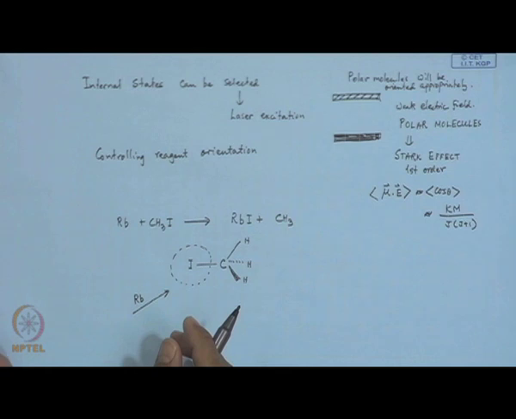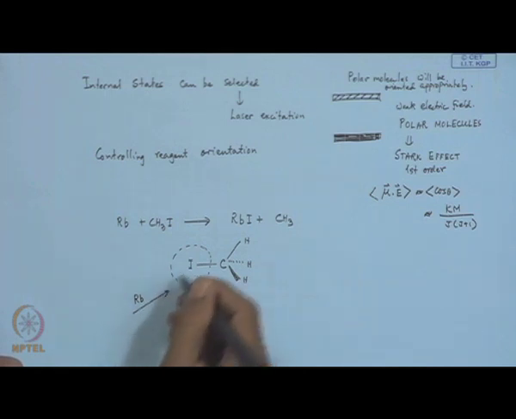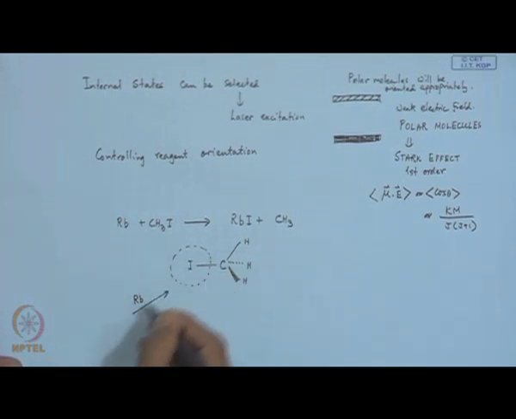So, look for the RbI signal when the iodine end of CH3I is pointing towards the rubidium beam; that is important to know. That means looking for RbI in the back scattered direction, that is, in this direction.